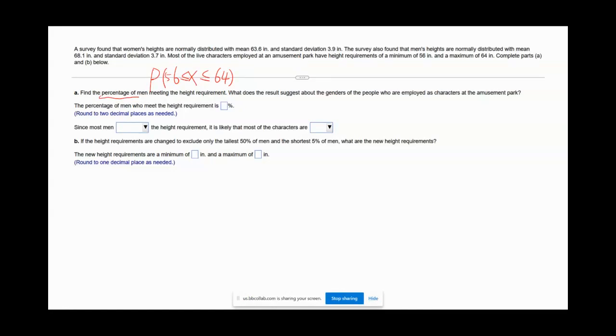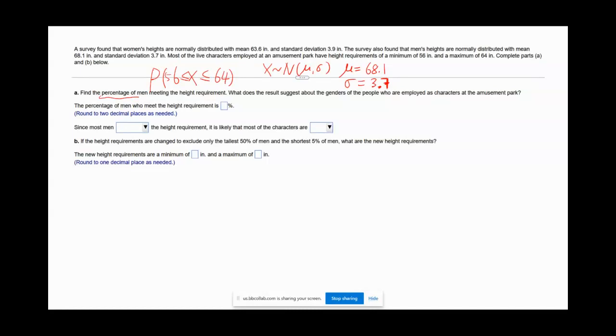So we don't consider women in this case. The men's heights are normally distributed with mu, the mean, equals 68.1, sigma equals 3.7. Yeah, sigma is not going to be too big like that.